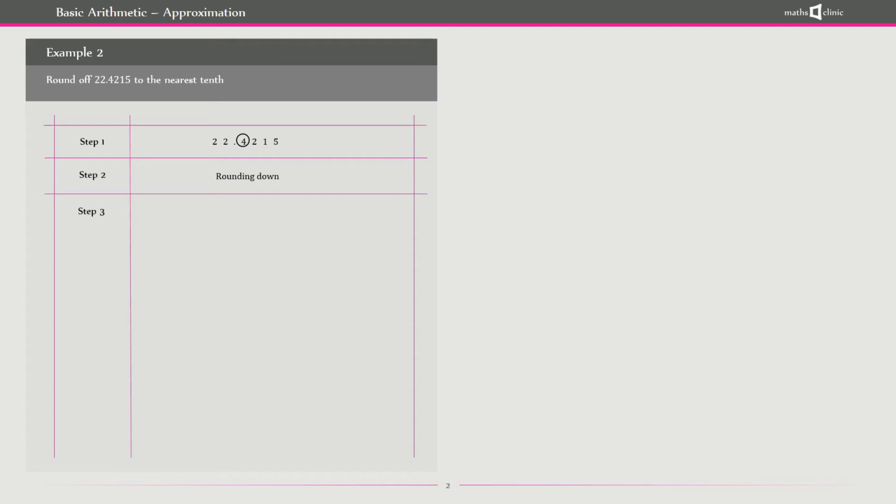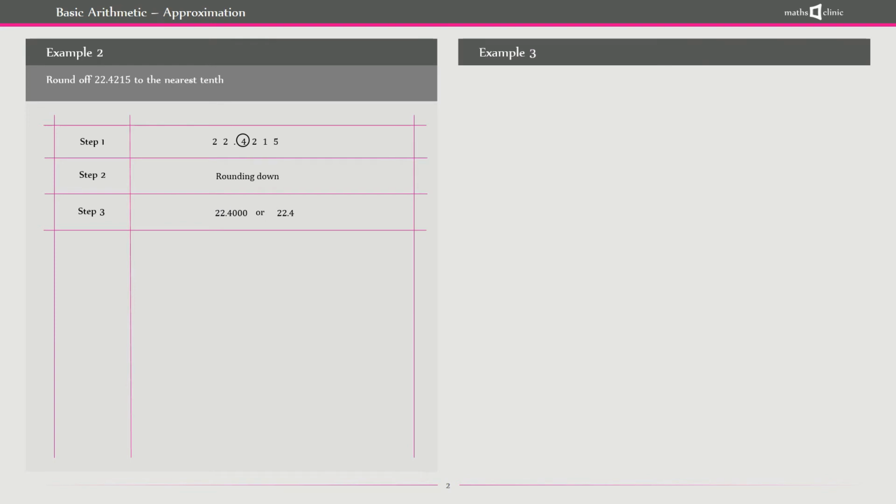Then like we did, the 2, the 1, the 5 become zeros. So what we have is 22.4000, but we don't have zeros on the end in a decimal, so we pretty much just write this as 22.4. And that is how you round off a number to the nearest tenth.